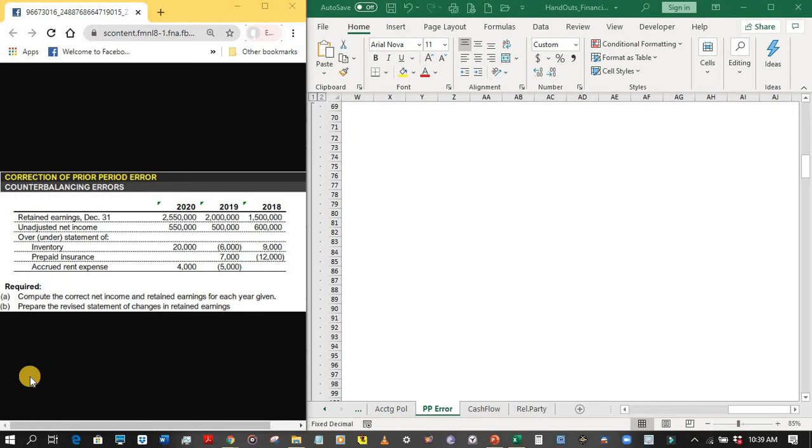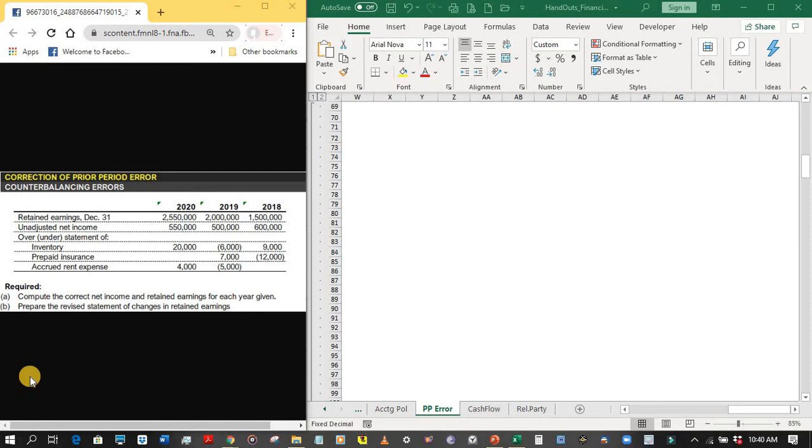And if it affects the succeeding year's net income, it means that the net income in those succeeding years are also incorrect. So it means that if an error is a counterbalancing error, the retained earnings are being corrected by affecting 2 or more years of net income.